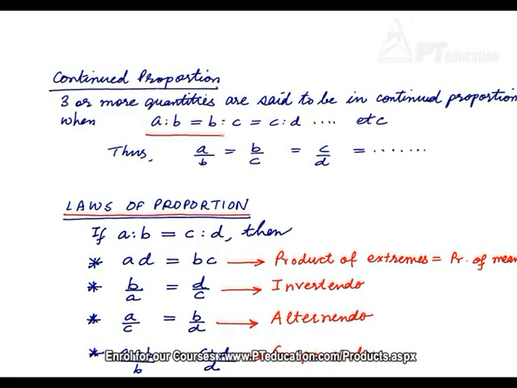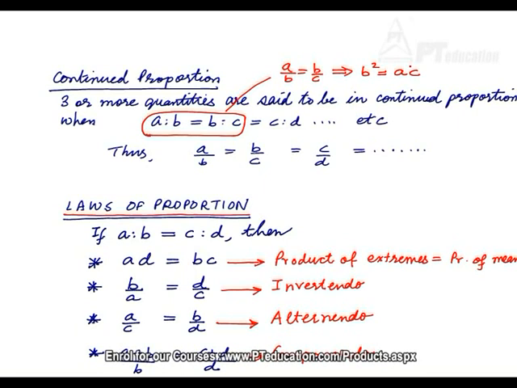If you see in the notepad, if we have A is to B is equal to B is to C, then it is obvious that A by B will be equal to B by C, which will give us B square is equal to AC.